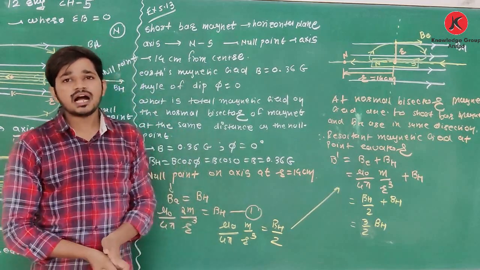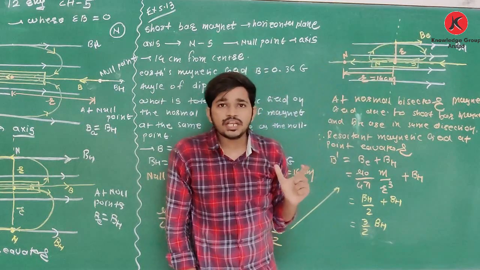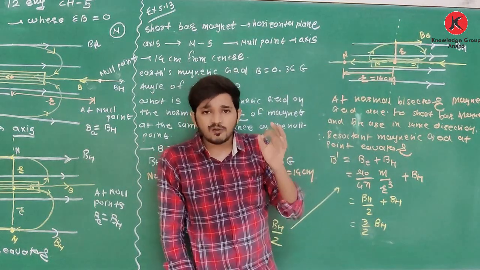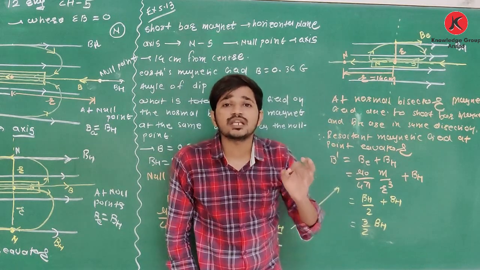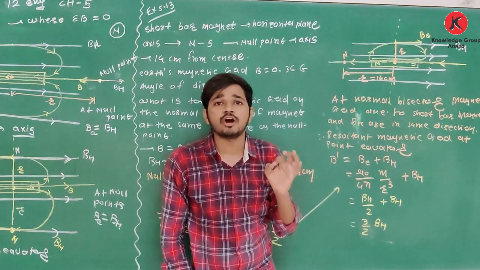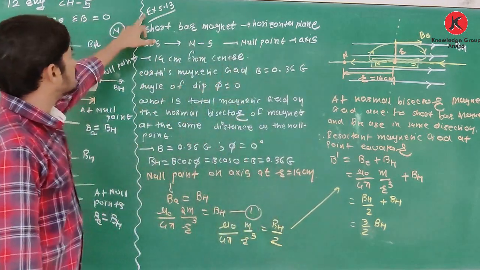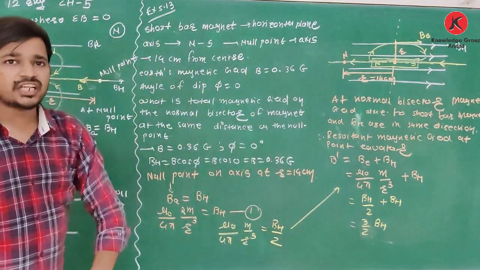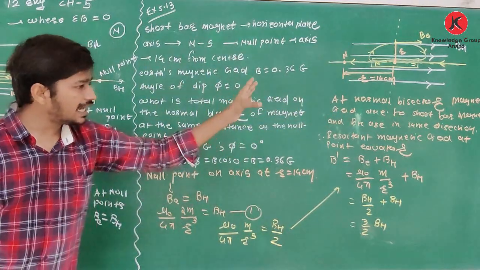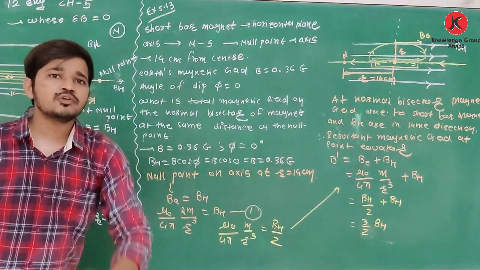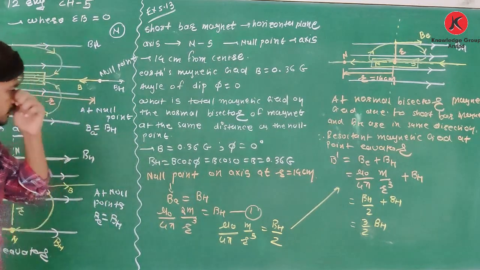Now, if I ask you, if this magnet is rotated by 180 degrees, then obviously null points will be obtained on the equator. So the next question is 5.14, in which the magnet is rotated about its axis by 180 degrees. Then you have to find where the null points will be. Okay, so we will find this.